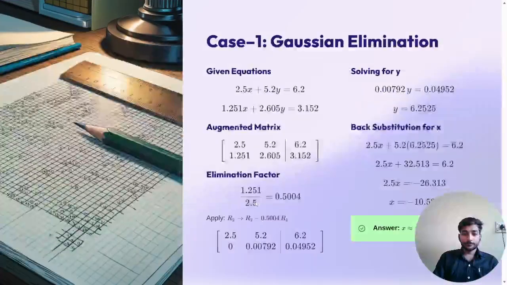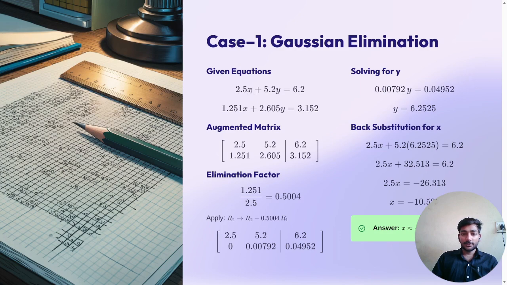Okay, now let's see case number 1. In this case, these are the values we have been given in the question. The value of a in case 1 is 2.5, the value of b is 2.5, and the value of c is 6.2.